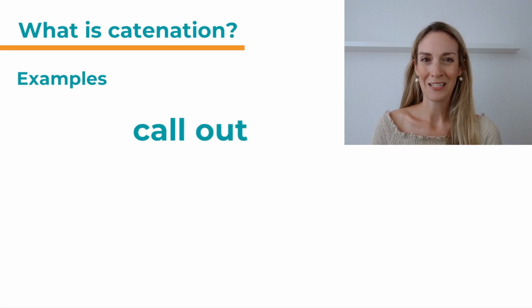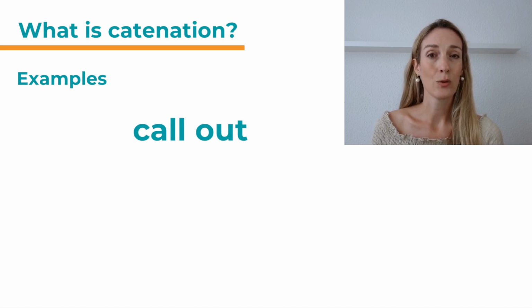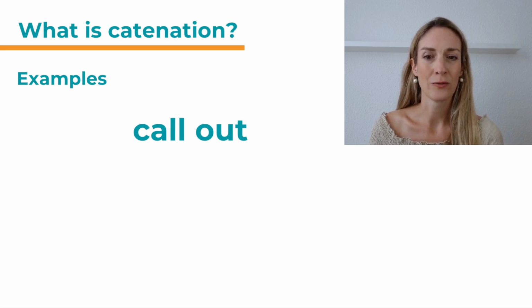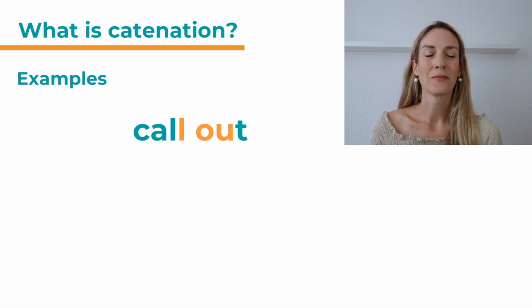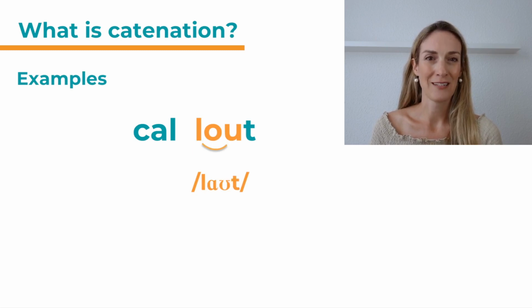Here is another example, call and out. Call ends in the consonant l, and out starts with the diphthong ow. Together, call out, call out. So really the out almost sounds like lout, call out.